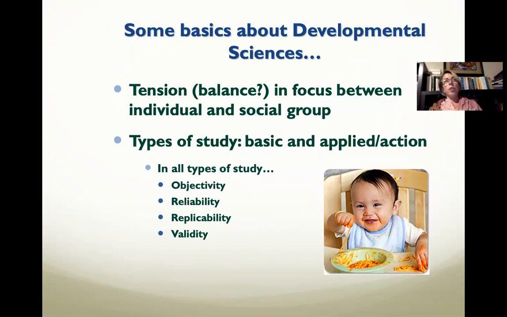If you want to understand how a child or an adult is developing, you have to understand the social groups, the cultural context, the political spheres, the historical moment in which that person is developing, right? So there's always a tension because we're focused on the development of the individual, but that doesn't make any sense without looking at the broader picture, right? So it's both, always.